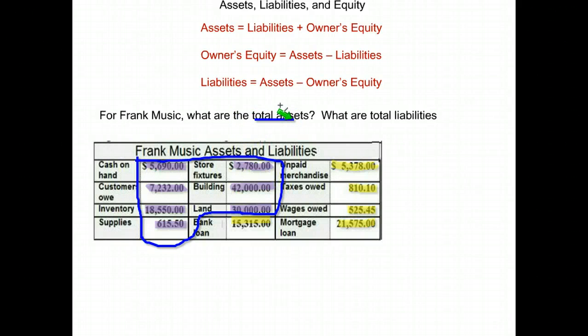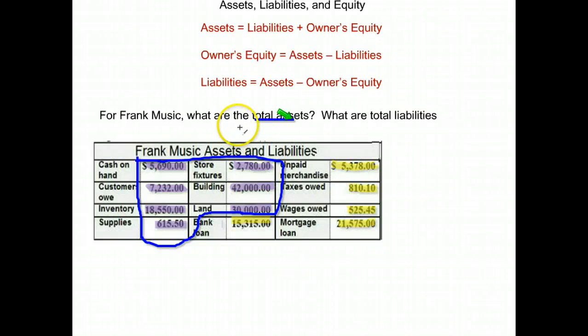What's our total assets? So we had 5,690, 7,232, 18,550, $615.50, 2,780, and 42,000, and one more 30,000.